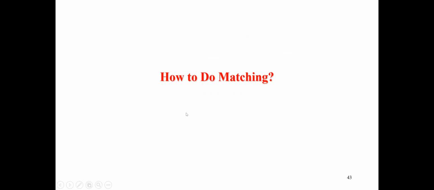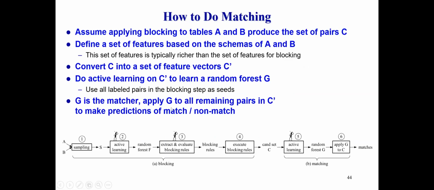Once we finish the blocking, we have a bunch of tuple pairs. So now we get to matching, and matching is very much like active learning for blocking. If we apply blocking, we have a set of tuple pairs C. We will now define a set of features based on schemas A and B. The set of features is typically richer than the set of features for blocking, because blocking is expensive, so we use fairly cheap features there.